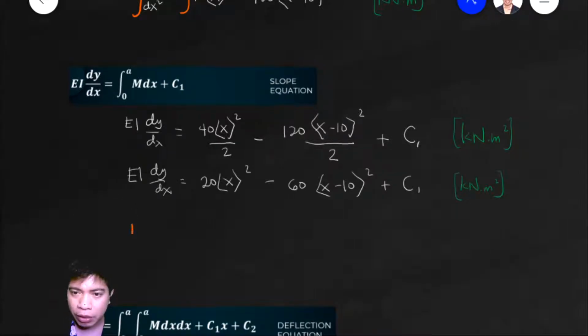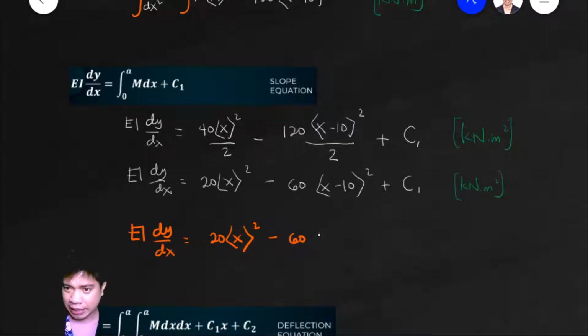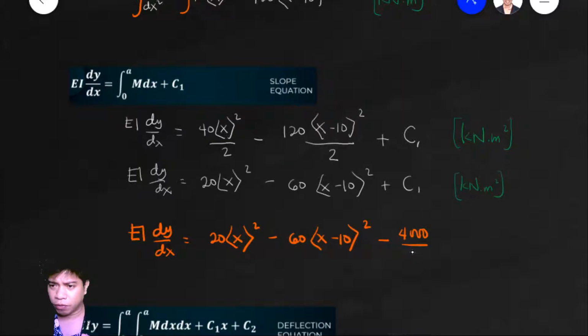So ang ating slope equation na guys nga is EI dy over dx is equals to 20 x squared minus 60 x minus 10 squared, then plus C1. At ang C1 nga natin kanina is negative 4,000 over 3, so minus 4,000 over 3. Okay, so ito na nga guys yung ating slope equation.